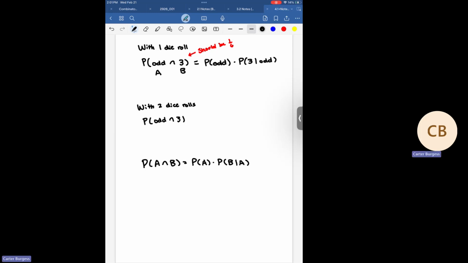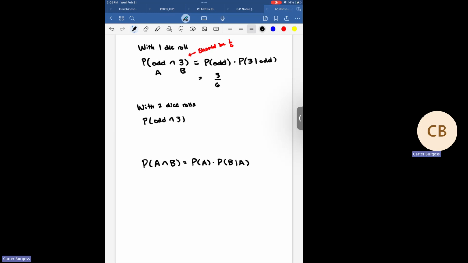So this is the probability of getting an odd times the probability of getting a 3, given that the result that we saw was an odd. So first of all, what is the probability of getting an odd? 3 out of 6. Okay.